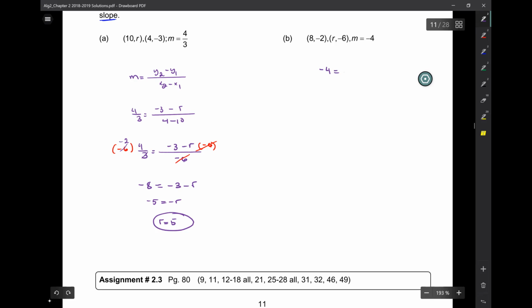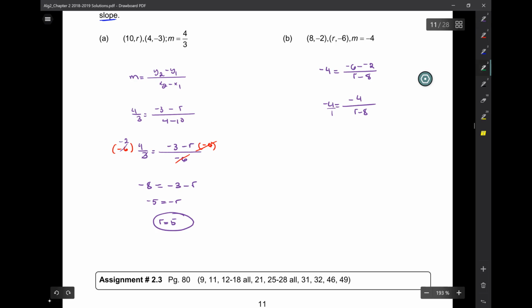Negative 4 is our slope, and it equals y2 minus y1 over x2 minus x1. So this is negative 6 plus 2, negative 4 over r minus 8. Okay, so now this is an interesting problem. Let's cross multiply here, because there are two different ways of doing this, and I'm going to show you both ways.